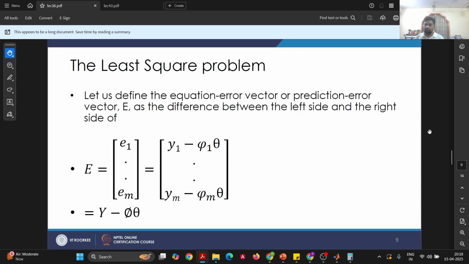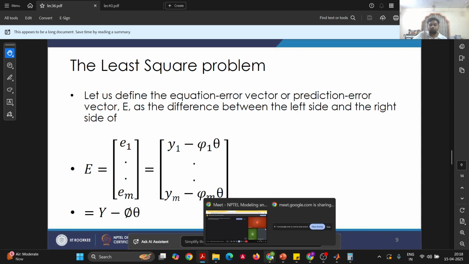So let us write down for our particular problem what are the matrices y, phi, and theta. Let us go back to our problem again.